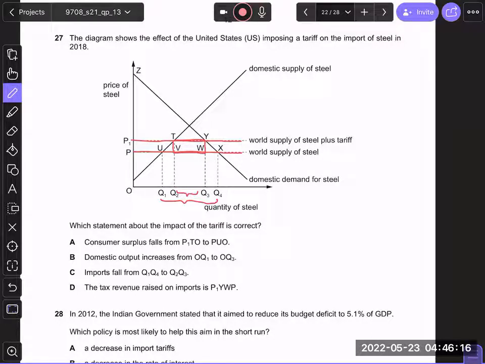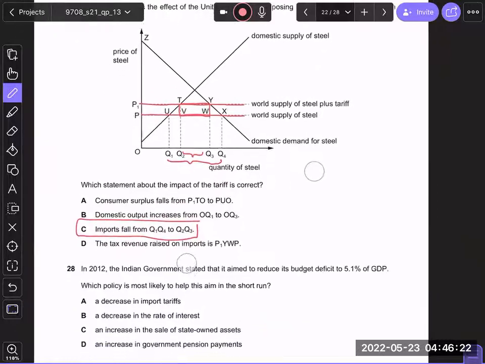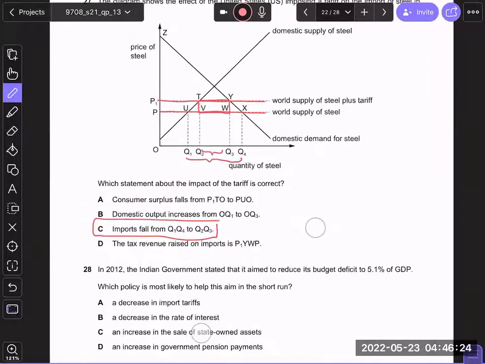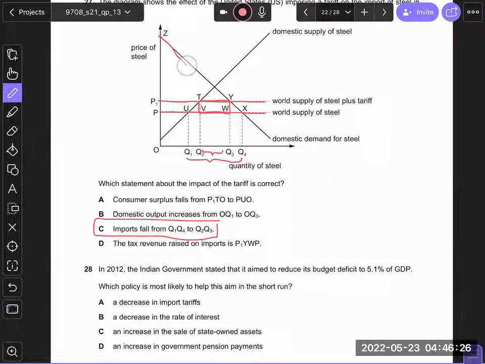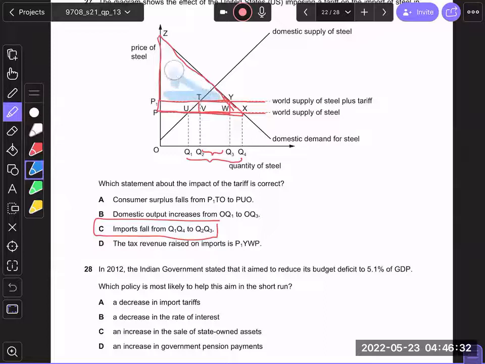This should be the right step. Your imports have fallen. And the consumer surplus earlier was this whole area, and now only this is your consumer surplus.